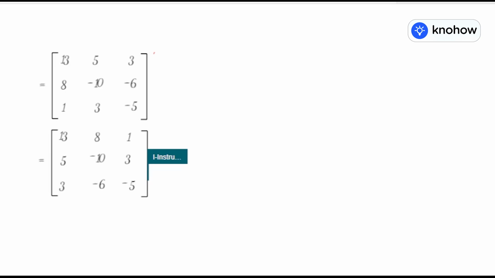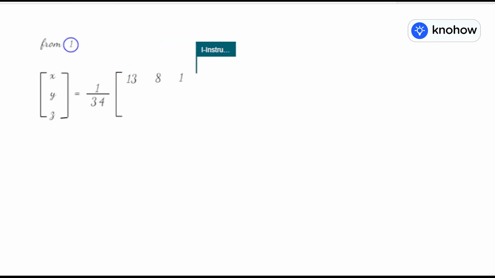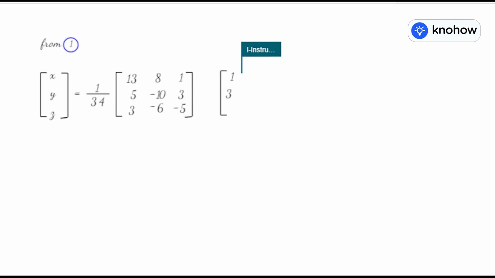So from 1 we get x, y, z equal to A inverse, which you worked out as 1 by 34 times 13, 8, 1, 5, minus 10, 3, and 3, minus 6, minus 5, multiplied by the constant matrix 1, 3 by 2, 9.